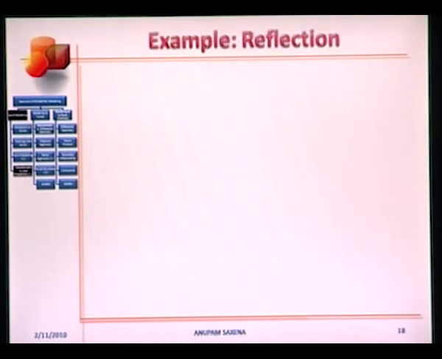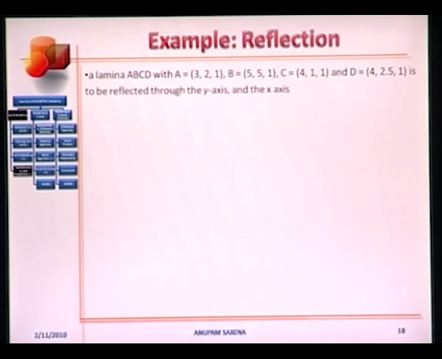Let's consider an example on reflection. A lamina ABCD with coordinates of A as 3, 2, 1. Here we are using the homogenized coordinates. Coordinates of B as 5, 5, 1, C as 4, 1, 1, and D as 4, 2.5, 1 is to be reflected through the y-axis and then the x-axis.